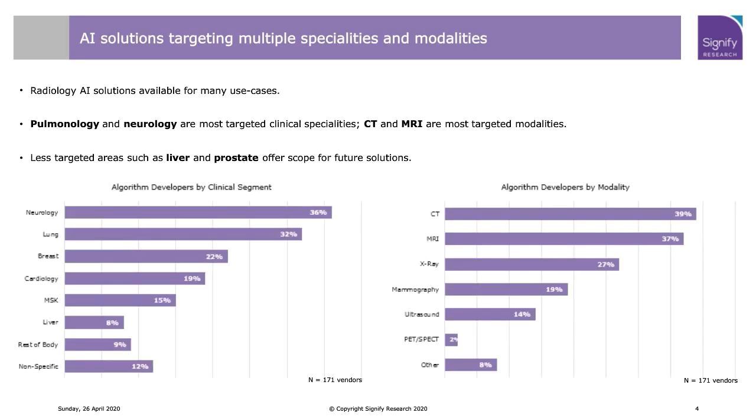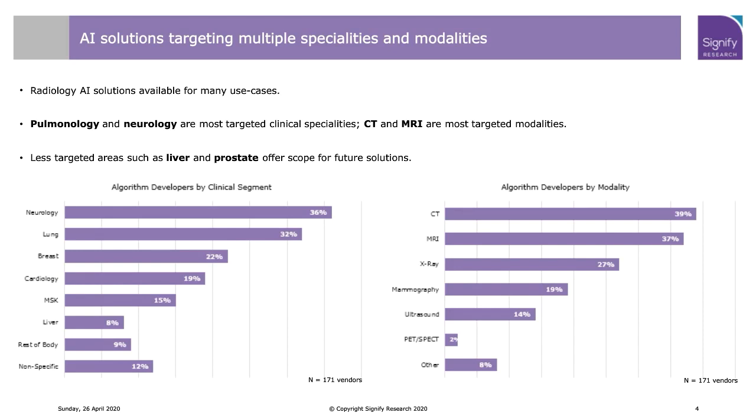So to date, AI solutions have targeted a number of use cases across multiple specialties and multiple modalities. As we can see on the left, pulmonology and neurology are two of the most commonly targeted segments. And typical use cases include lung nodules, tuberculosis, and stroke detection.